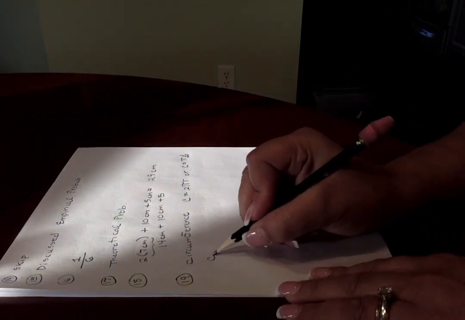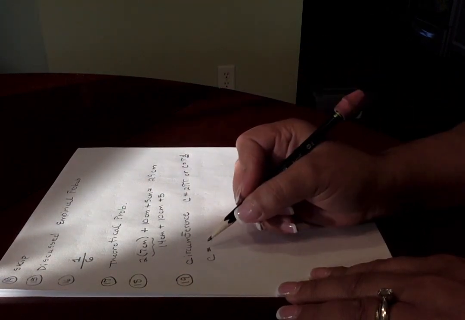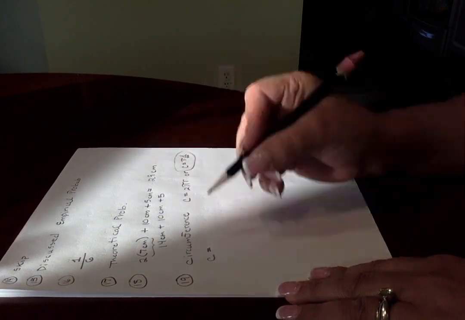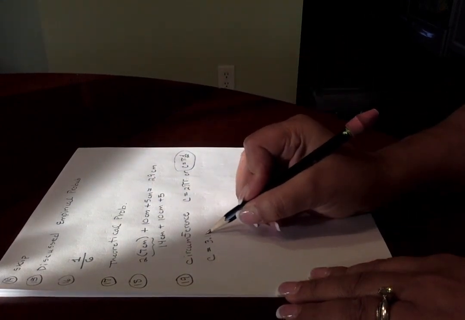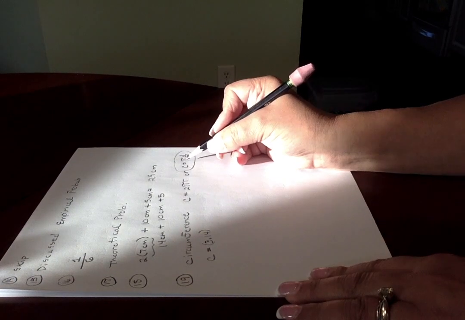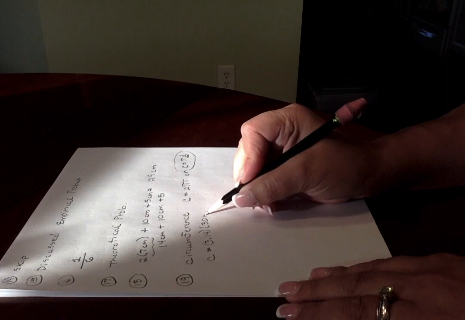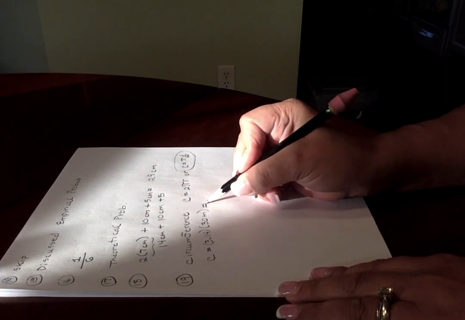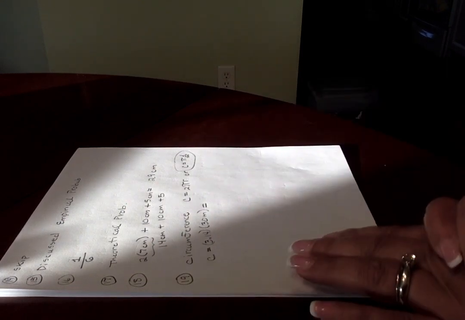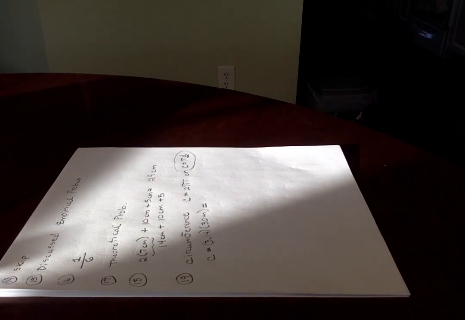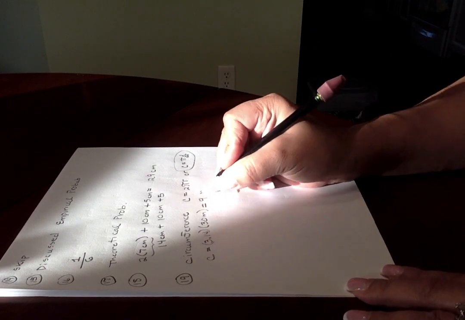Okay, in this problem, they ask you to use 3.14 for pi. I'm using this formula, so it's 3.14, I put that in for pi, times the diameter, and the diameter is given as 30 meters. This does not say what to round to, so I'm going to give the exact answer, which would be 3.14 times 30, 94.2.